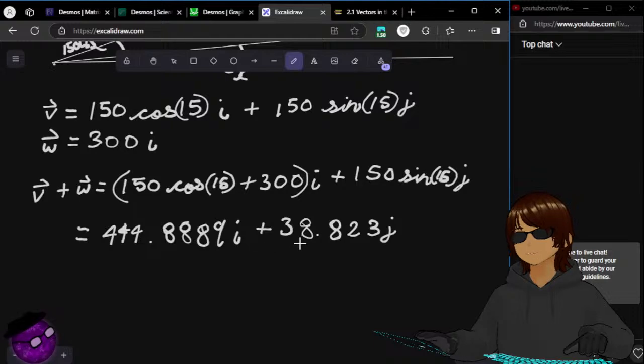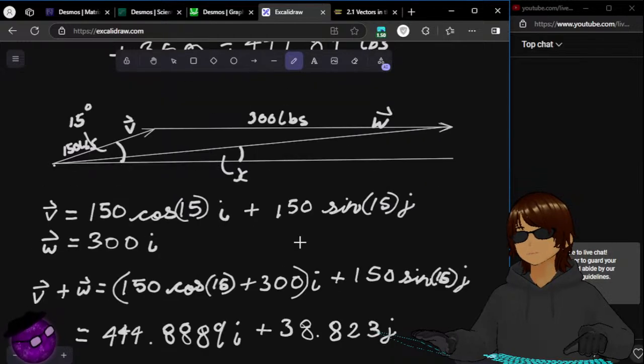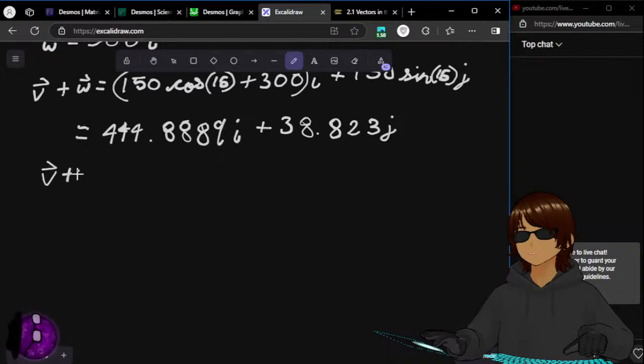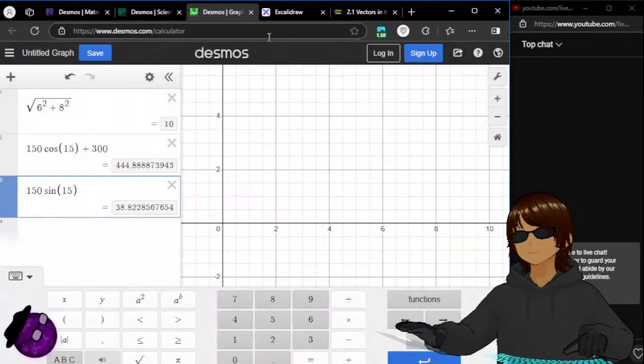So we have this total, right? Then I guess we can do it like this to find the magnitude, which is the root of this squared plus this squared.